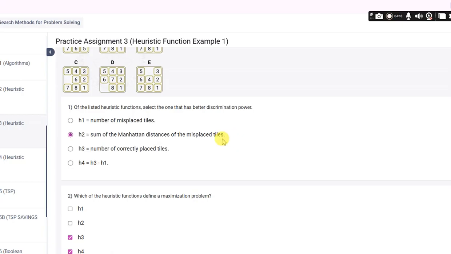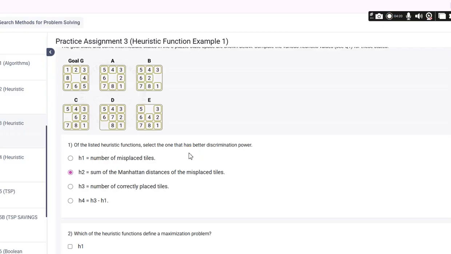So the heuristic functions were number of misplaced tiles.